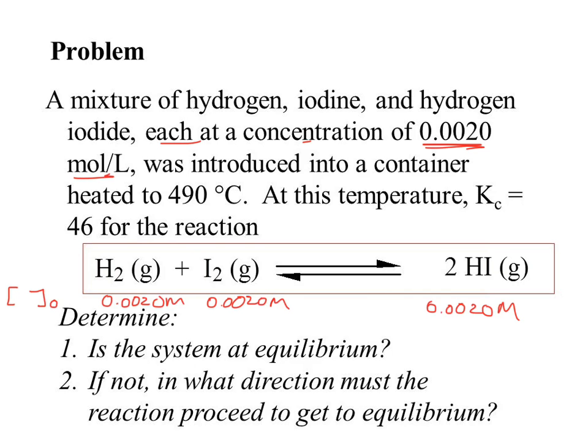Those are what I'm going to plug into my reaction quotient. So we're going to come up with a Qc, and compare the Qc to the Kc. Kc is given.